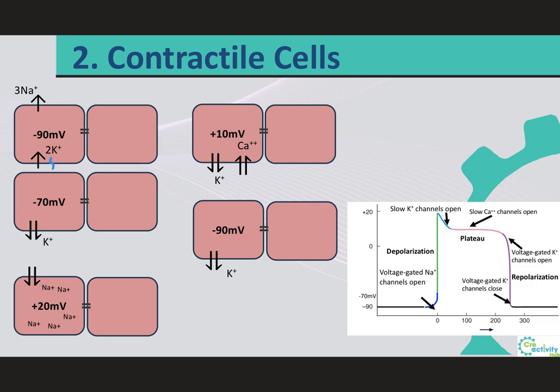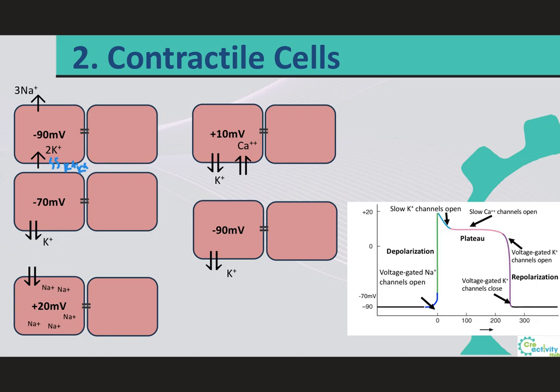And this means that some potassium will be able to come out. And when this happens, it makes the inside of the cell less positive, as the potassium ions are positive and they're coming out of the cell. And this will lead to a resting membrane potential of minus 90 millivolts, as we can see over here from this image.